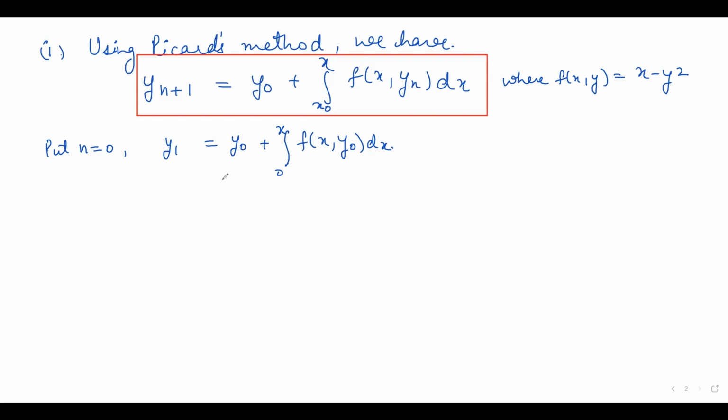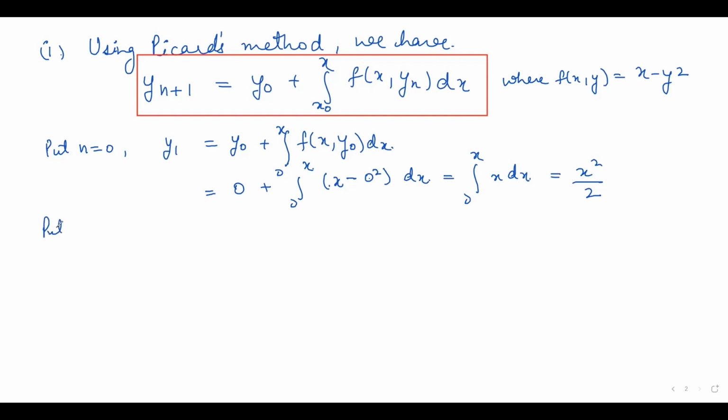I'll put y naught is 0, so the integral from 0 to x of x minus 0 square dx. That is nothing but the integral from 0 to x of x dx. So finally, I'm getting x square upon 2.